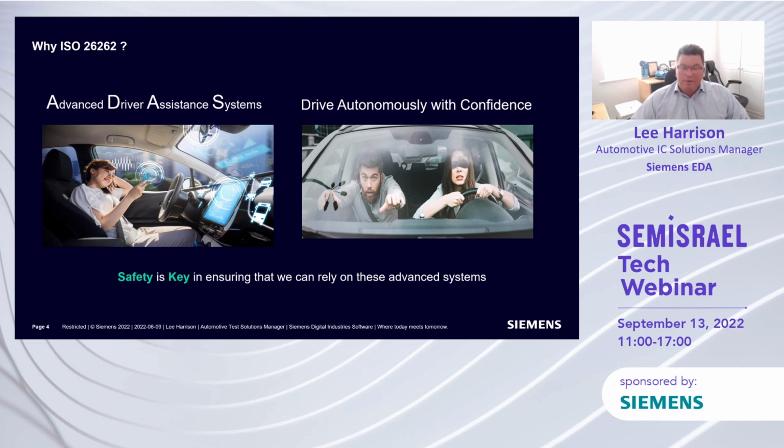So ISO 26262 really prescribes what's required from a safety perspective, and how we should address that and how we measure the safety of the various systems within our vehicle.